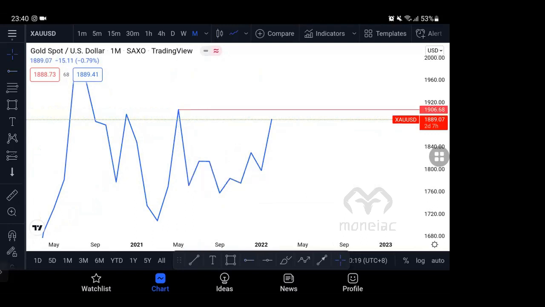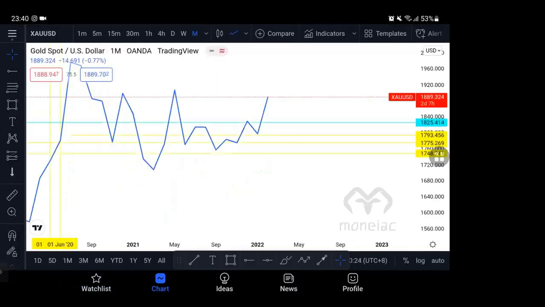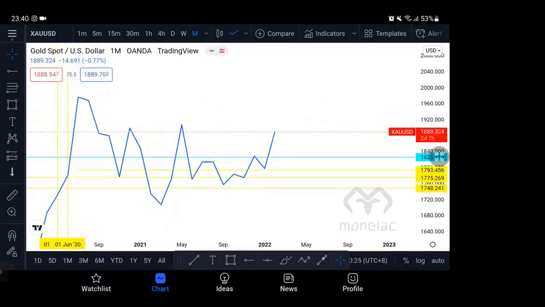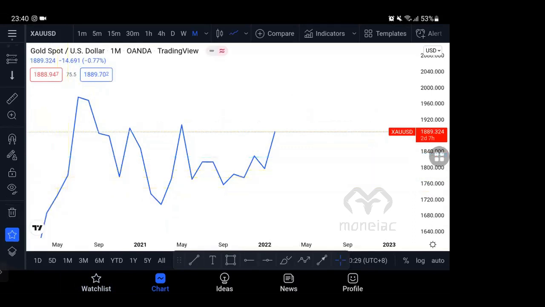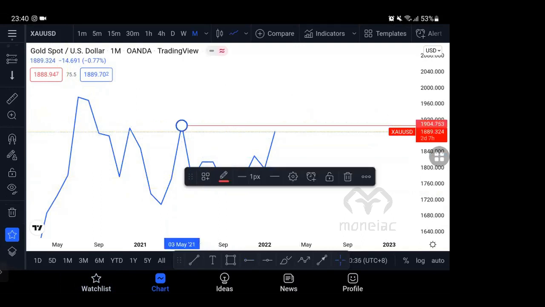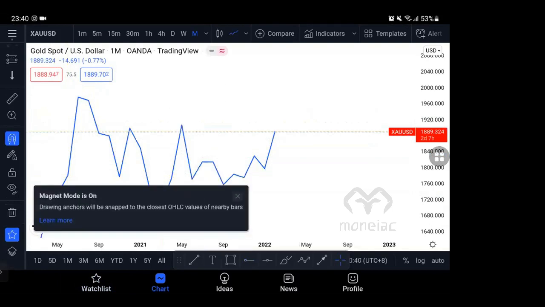Okay, we have this from the CESO. Okay, monthly. Using the magnet, so it will be more accurate.